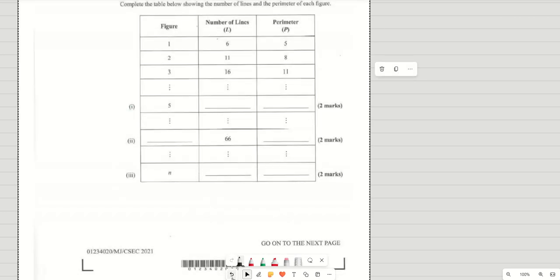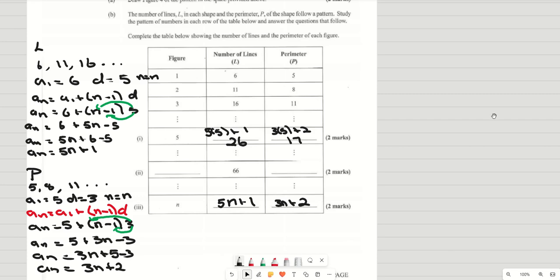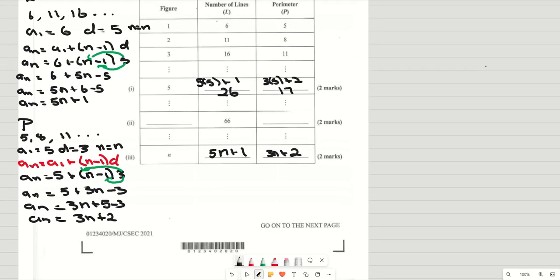Then you do the second part. They tell you the number of lines L is equal to 66 and you want to find out what N is equal to. So this is for part 2. You say 5N plus 1 is equal to 66.